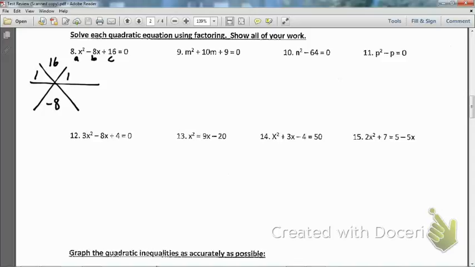Now we're looking for 2 numbers that multiply to give us 16, that add to give us -8. So we're going to find our factors of 16. So 1 times 16, 2 times 8, and 4 times 4. Now, just look at those pairs of numbers there. Which ones of those could possibly give us 8? And when we look, the only thing we can make out of it is 4 and 4. The problem is 8 needs to be negative.